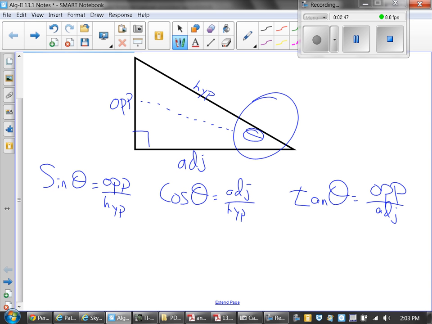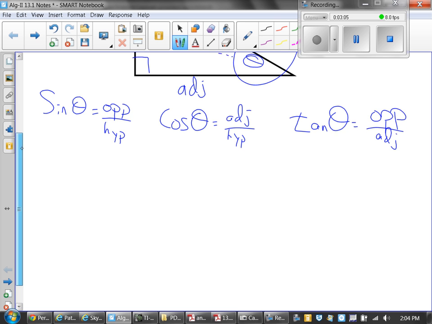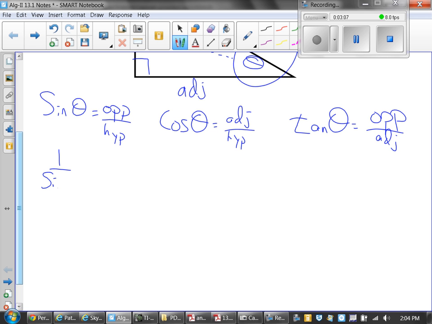The three standard trig functions are sine, cosine, and tangent. What happens is that there are what you call inverse trig functions, defined as the inverses of these three. When you take an inverse of something, you're taking 1 over sine of theta, flipping it around.